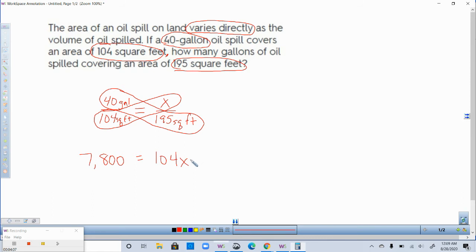And so now we're solving an equation. And so here's my x right here, and there's invisible math going on, so that's multiplication. So we're going to divide both sides by 104, except it's 104, not 140. So 104.